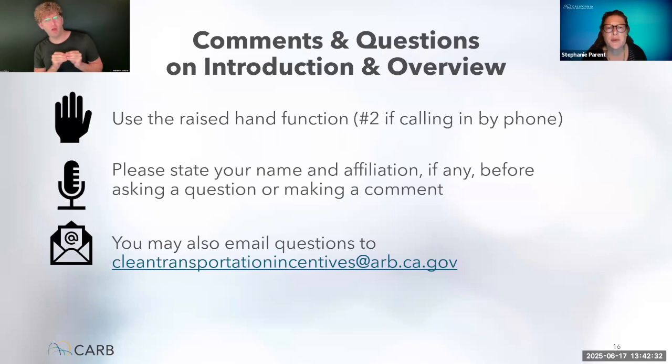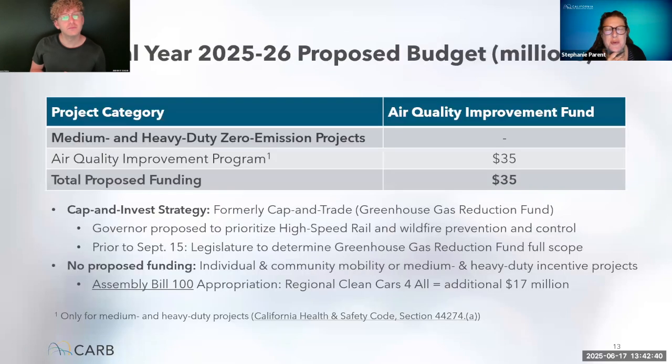So on slide 13, the second bullet toward the end that says no proposed funding. So yes, for our various projects, sometimes we might be appropriated something like X amount specifically for drayage trucks or something like that.